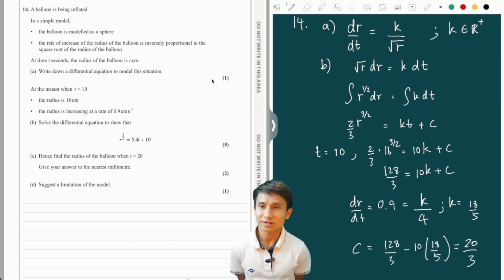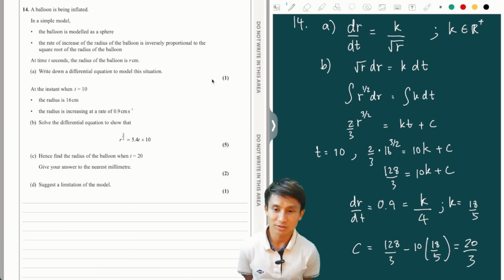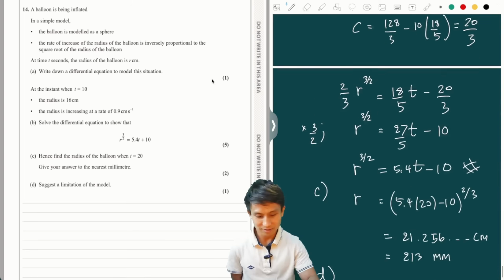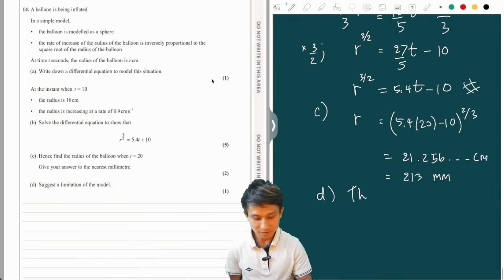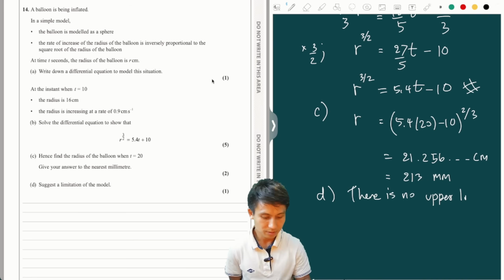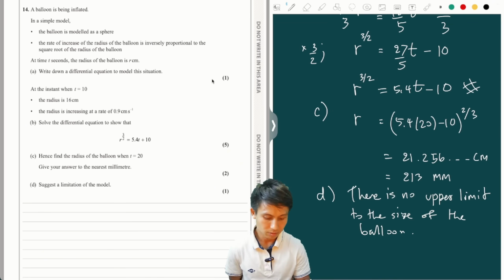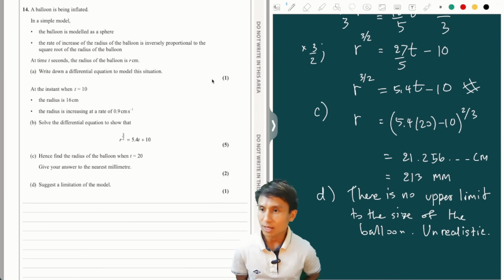If you keep increasing the size. So there is no upper limit of the size of the balloon, which is unrealistic. Yeah, I'm going to go with that.